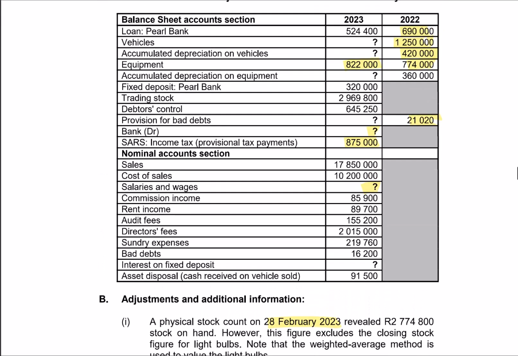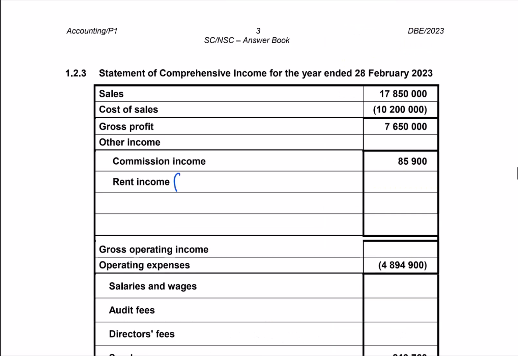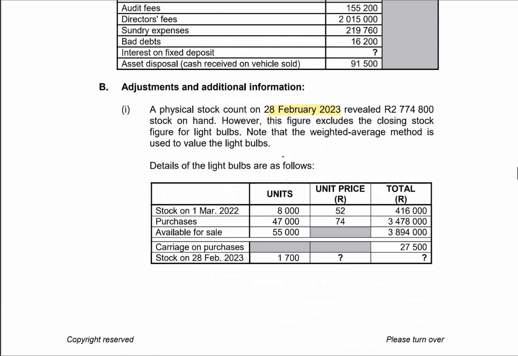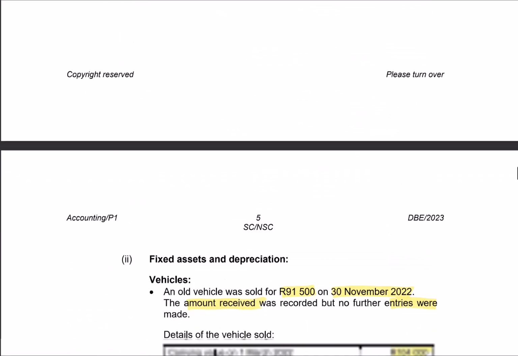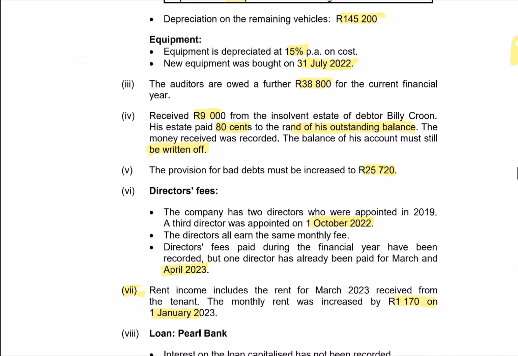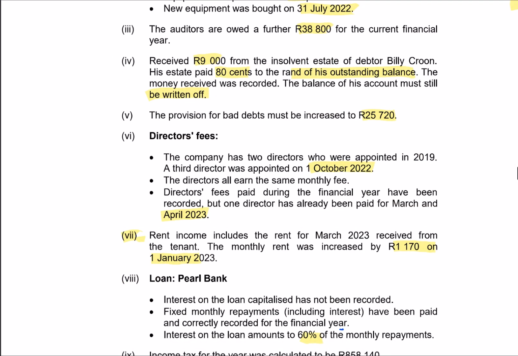Our rent is 89,500, and minus what, because we're told here in the adjustment. Rent income.